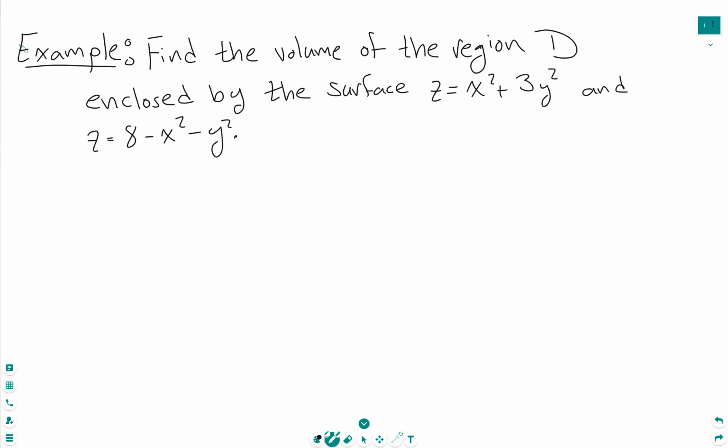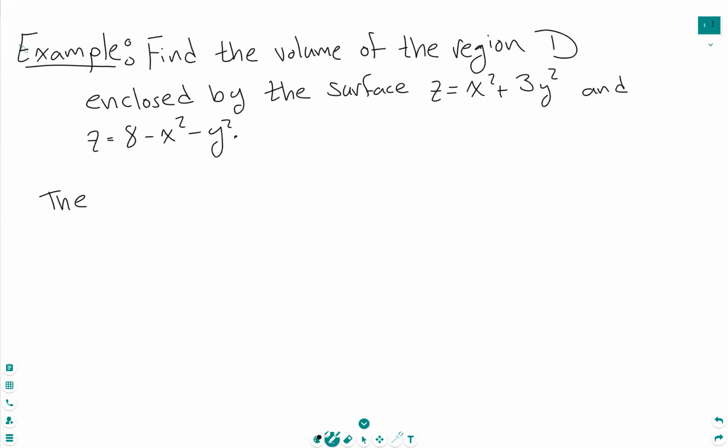So we have two surfaces here, and they enclose some region collectively. We need to figure out what that region is, and then move forward from there and figure out what the volume of this thing is going to be via triple integral.